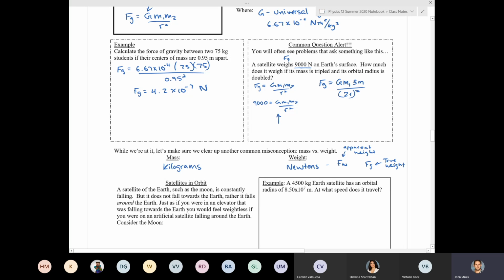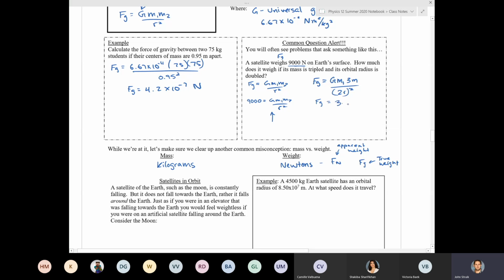Okay, and then you can work this out mathematically. Fg will equal, actually, we'll move that 3 over, so 3G m1 m2 over 4r squared. Well, if 9,000 equals this part, that's this part right here.